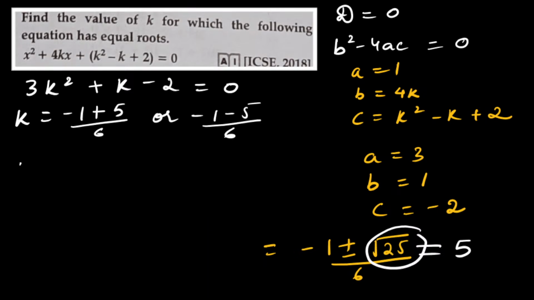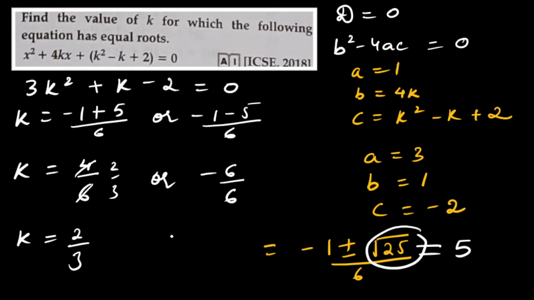So the first one we will get k is equal to 4 by 6. So 5 minus 1 is 4 by 6. 4 by 6, if we simplify, is 2 by 3. k is equal to 2 by 3. Our second one will be minus 6 by 6, which is equal to minus 1. So 2 by 3 and minus 1, two values of k we are getting here.